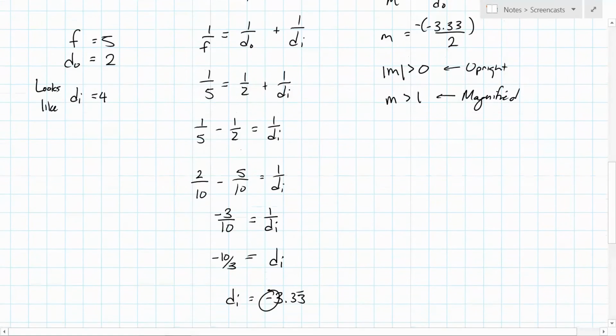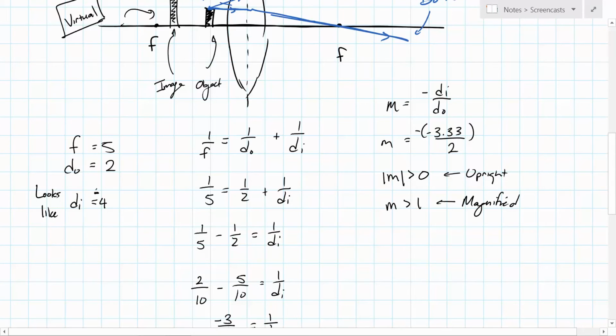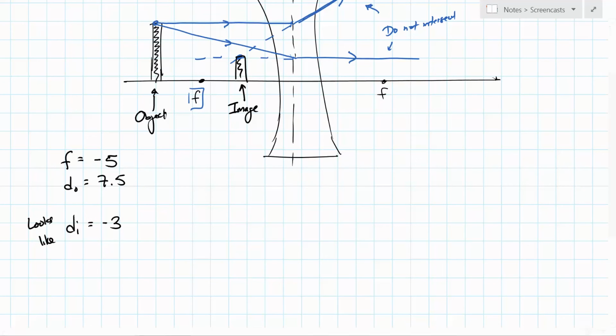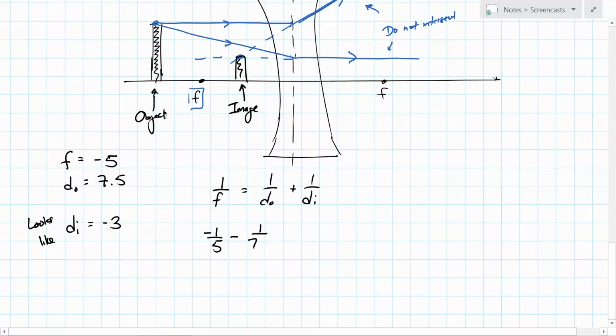Oh, and I should also point out here, this really should have been -4. Sorry. Because again, virtual images still have negative lengths. So, still using the same old equation. Again, you get a lot of mileage out of this. So we have negative 1 over 5 minus 1 over 7.5 equals 1 over DI.